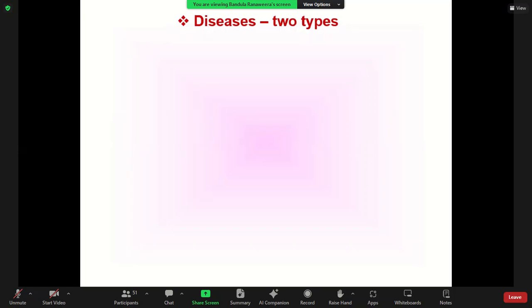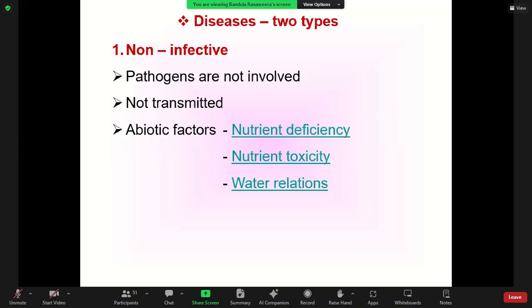First of all, there are two simple, basic categories of plant diseases.